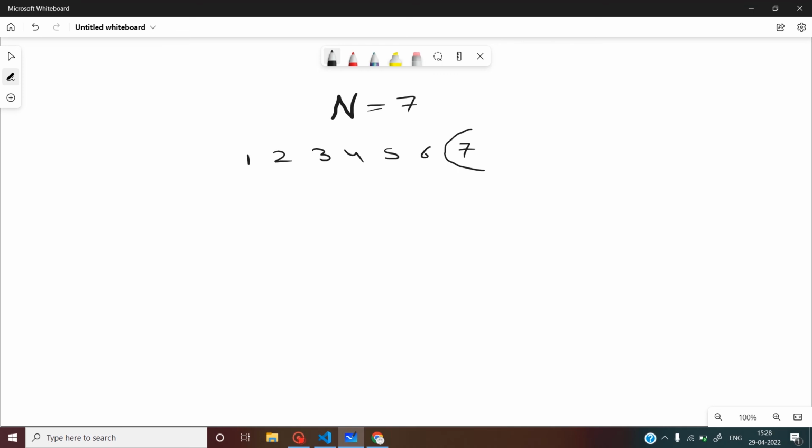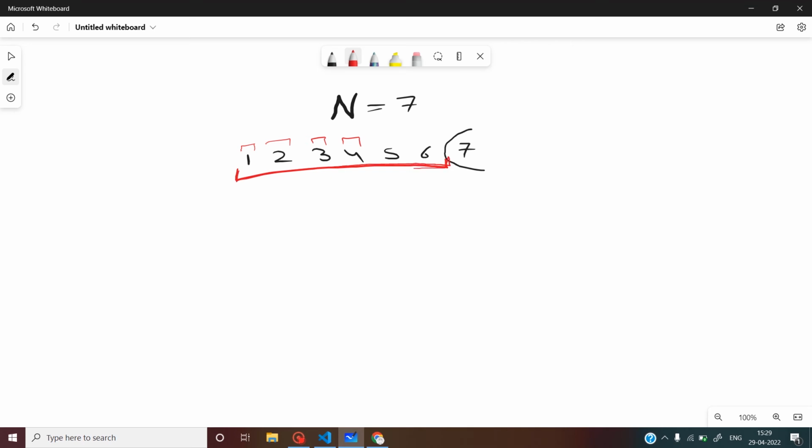Now we have to remove these 6 players from the game. We can remove them in a single round, or in 2 rounds, or 3 rounds, or in multiple rounds, but there should be exactly 6 players removed from the game such that there will be only one player, which is 7. So how are we going to do that?